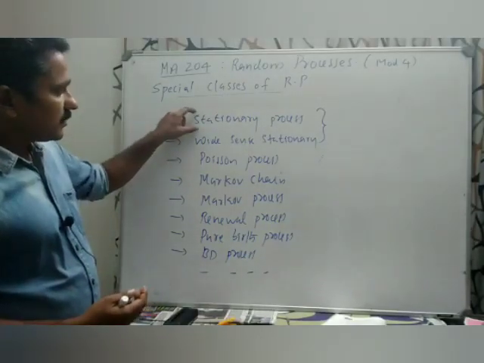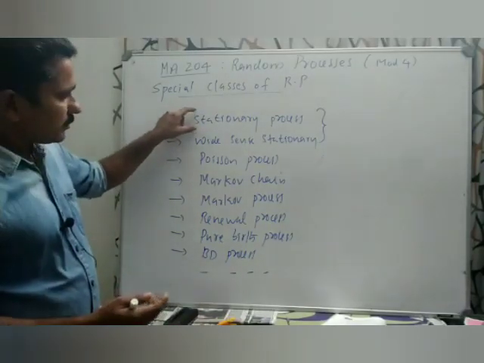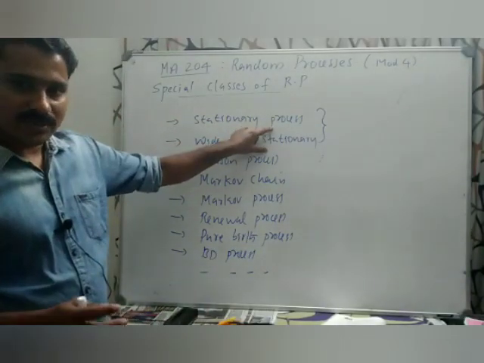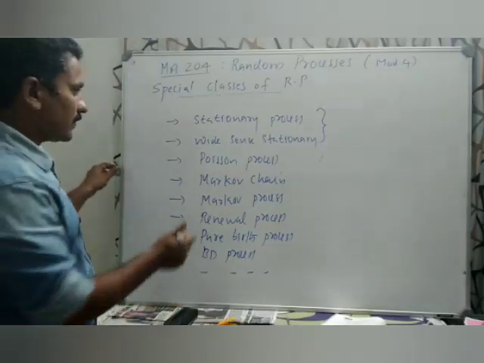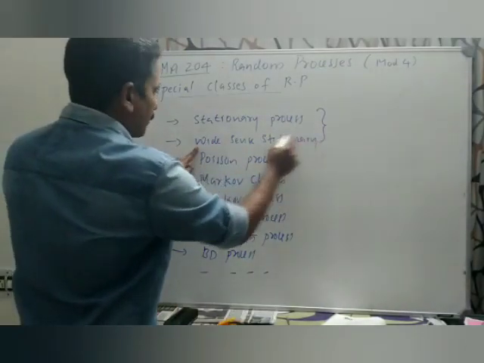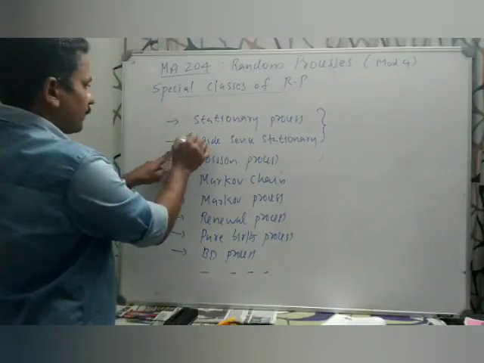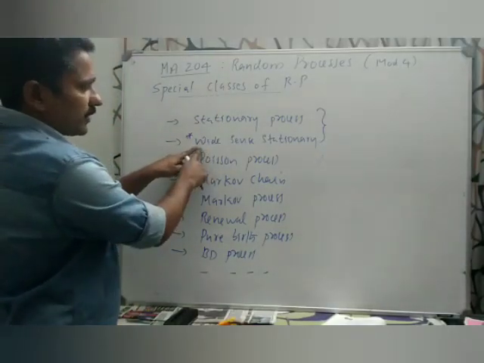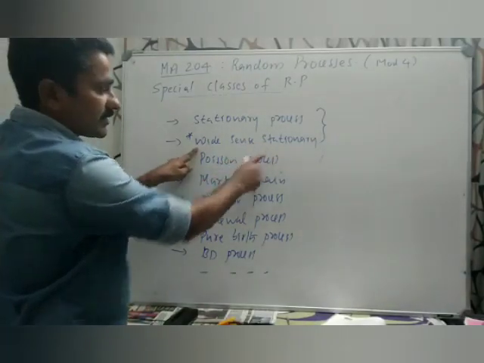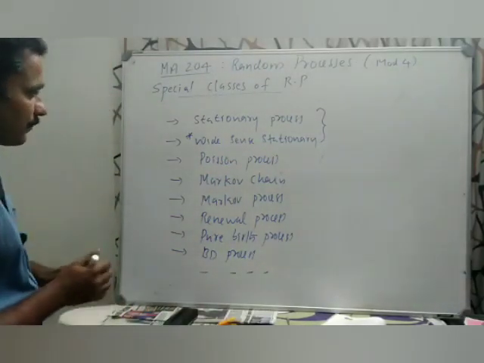So with some relaxations, we will see what a wide sense stationary process is and its properties. We'll concentrate on wide sense stationary process in module 4, and that's all we will study in module 4.